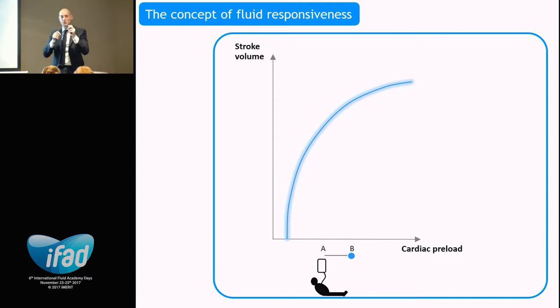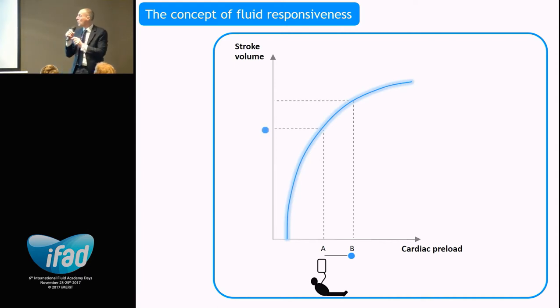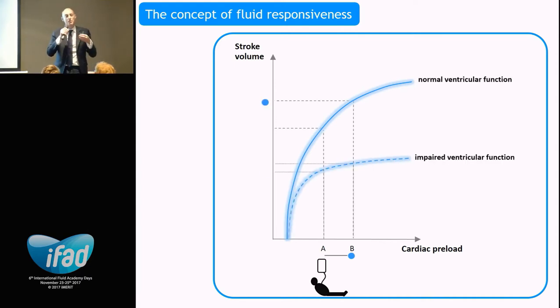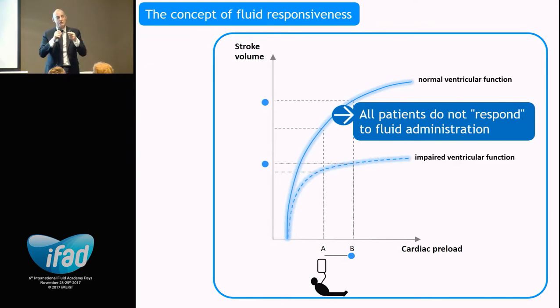But here there is a basic and very important problem: there is not only one Frank-Starling curve, but a family of curves whose slope depends on the left ventricular contractility. And so you easily see that a given patient with a given volume expansion, with the same increase in cardiac preload, could result in a positive or a negligible response in terms of cardiac output.